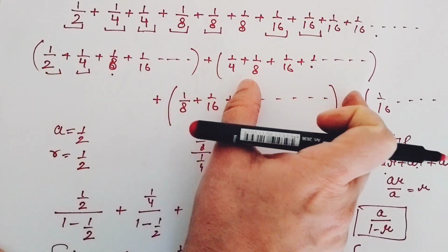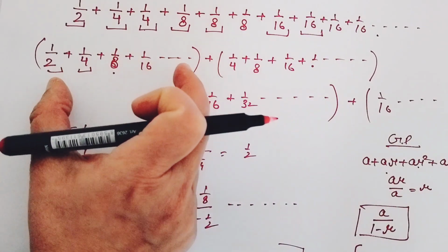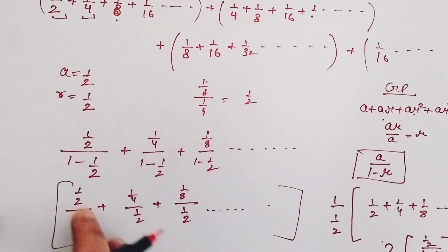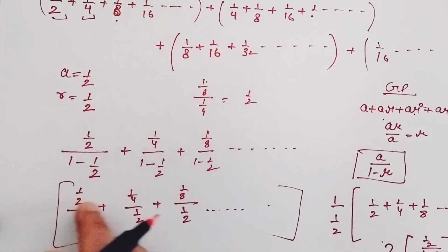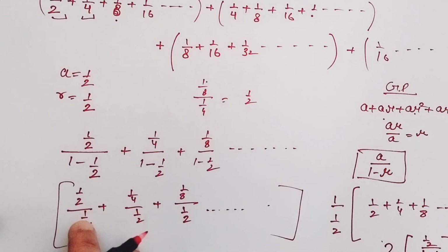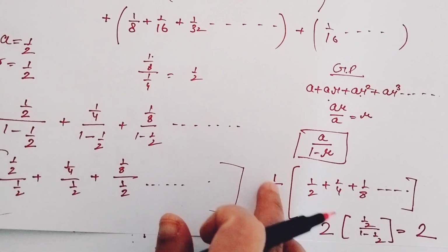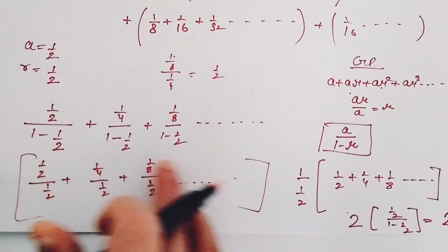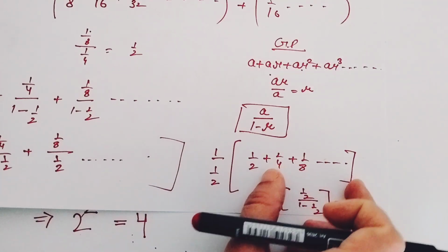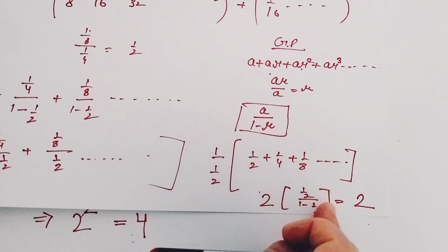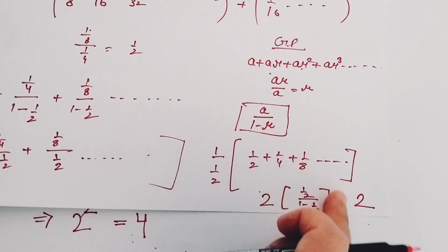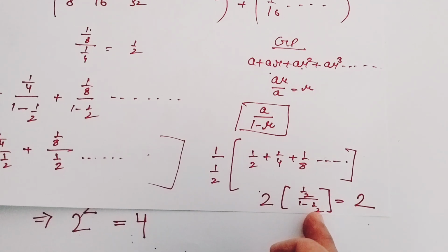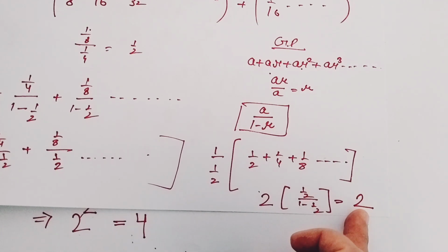We applied the formula of sum of infinite terms of GP, and we got these things, and then we added these things by taking the denominator common, and then inside we got a GP again, and we applied the formula of sum of infinite terms of GP, A upon 1 minus R. R is 1 by 2. So we got answer 2.